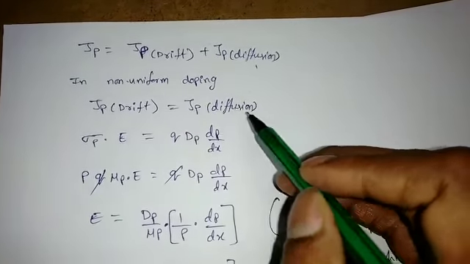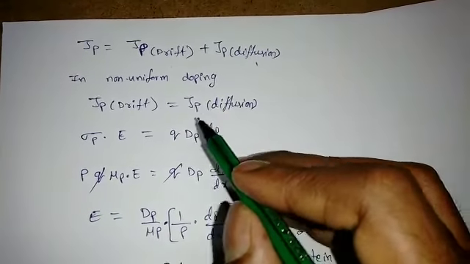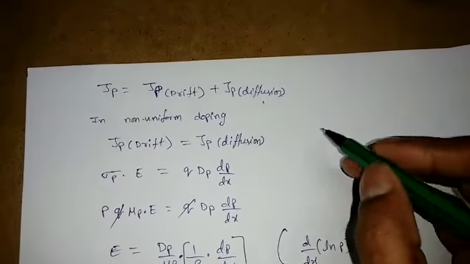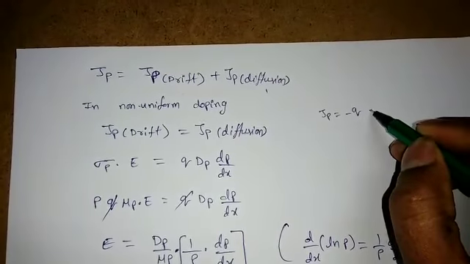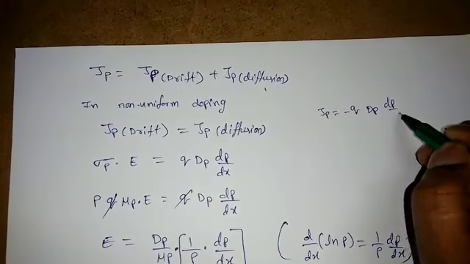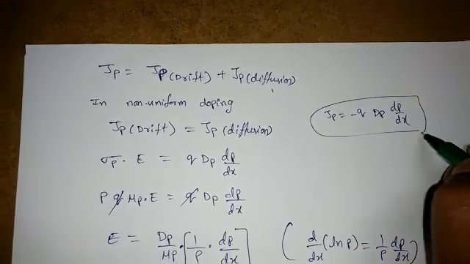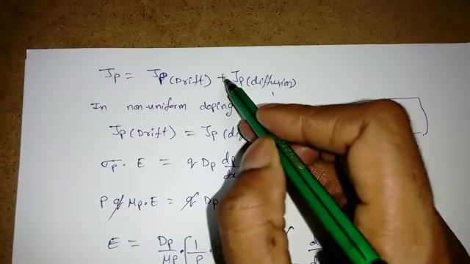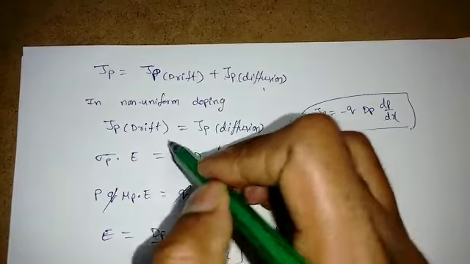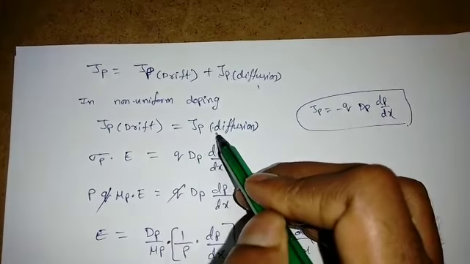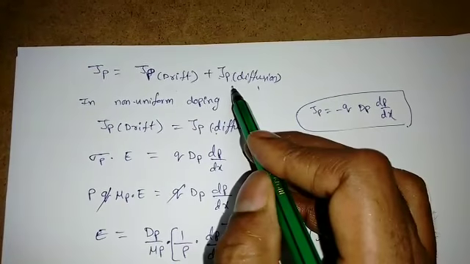What is the reason? For Jp, generally the Jp was minus q into dp by dx, right? So if I substitute minus Jp here, they should cancel each other, so both should be equal, then only it will be cancelled, right?